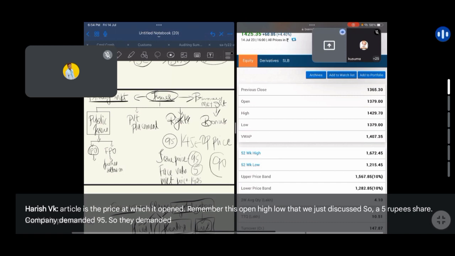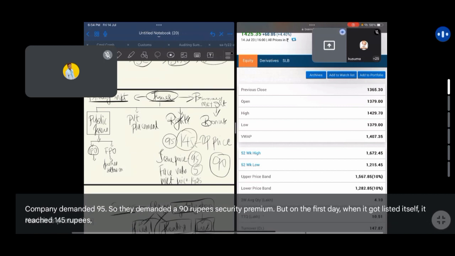So they demanded a 90 rupee securities premium. But on the first day when it got listed, it reached 145 rupees. So on the first day itself, it started demanding a premium. That was how much demand there was for Infosys shares, even in 1998, 1999.